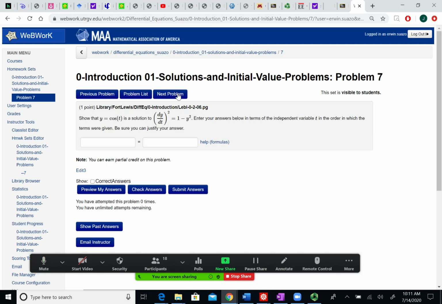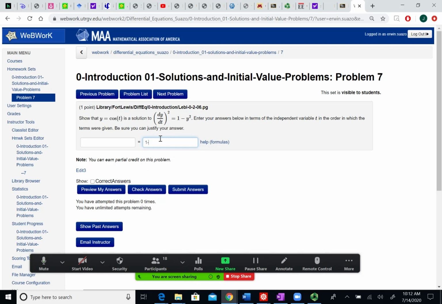Do you guys need to show that y equals cosine t is a solution of this? Do you guys need help with that or not? So we show that y equals cosine of t is a solution of this, right? So this is 1 minus y squared.